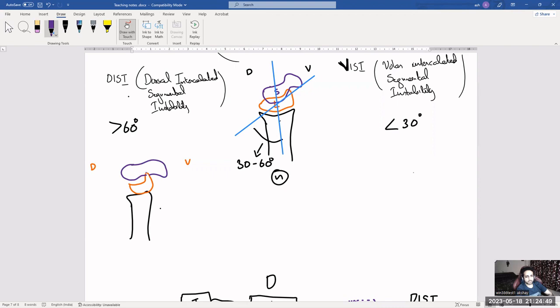It was oriented in this direction, then it tilted volar, and the lunate tilted dorsally. This is the scaphoid and that is the lunate. Let's see what happens to the angle.